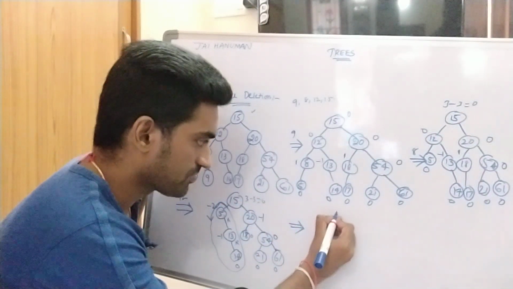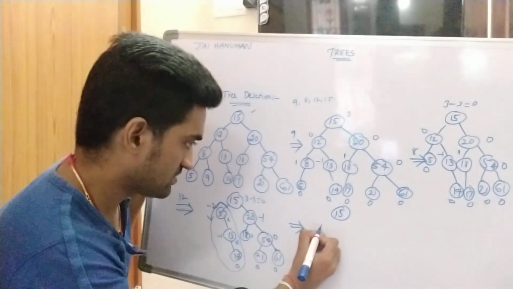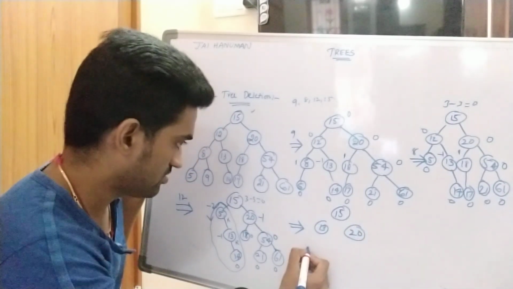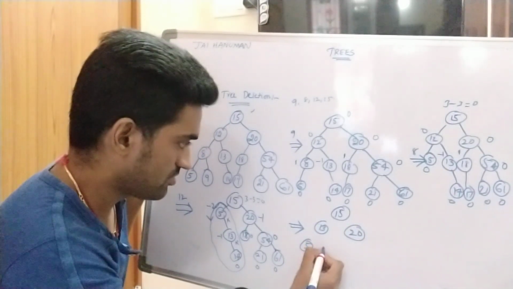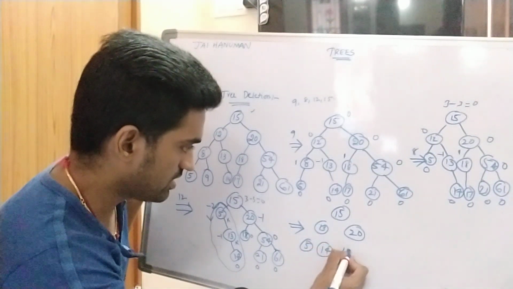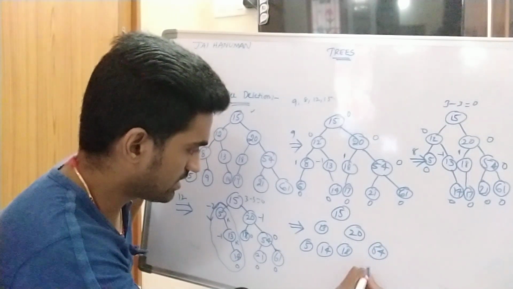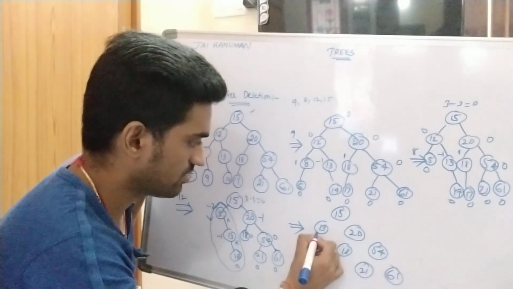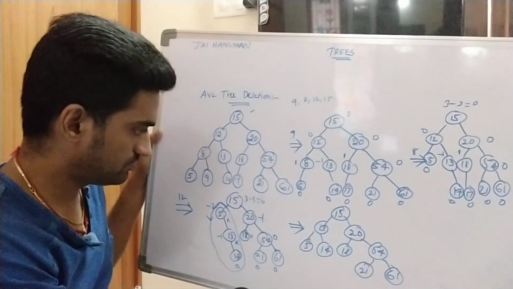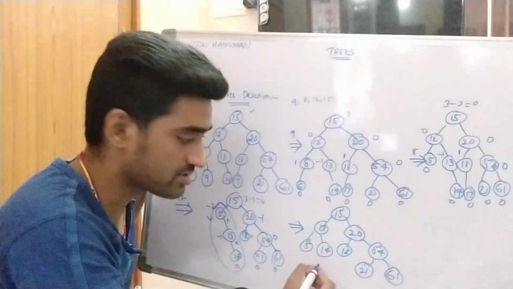Now the tree becomes 15, 13, 20, 5, 14, 18, 54, 21, 61. Right? So again we check the balancing factor for this tree.